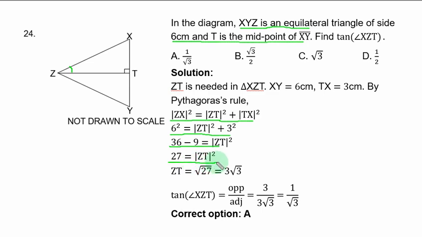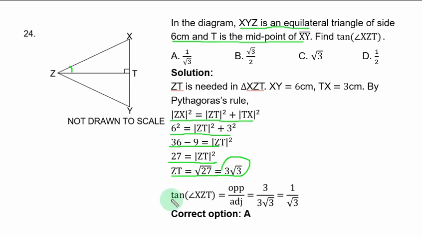To get ZT, you take the root of both sides, and ZT is equal to square root of 27. In surd form, you have 3 root 3.